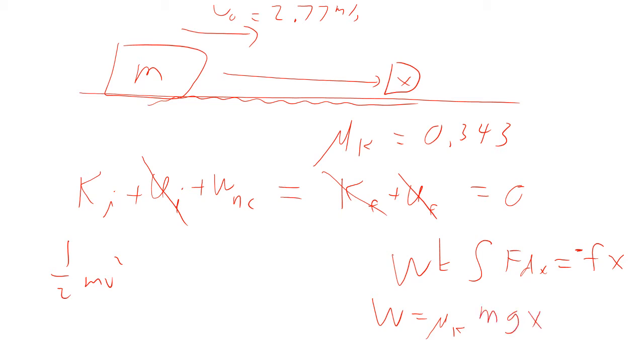So we would say 1/2 mv squared minus mu sub k mgx equals zero. The m's cancel, and with a little bit of algebra, x is just going to be equal to v squared over 2 mu sub k g.